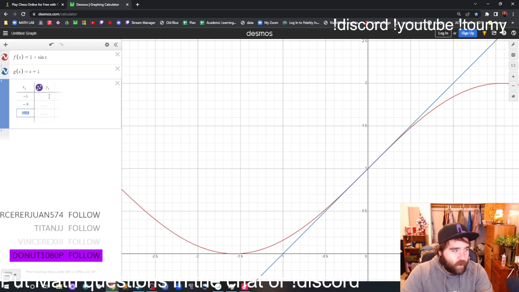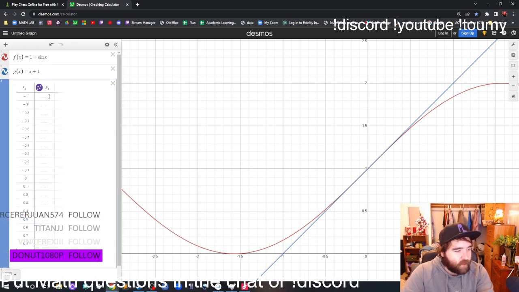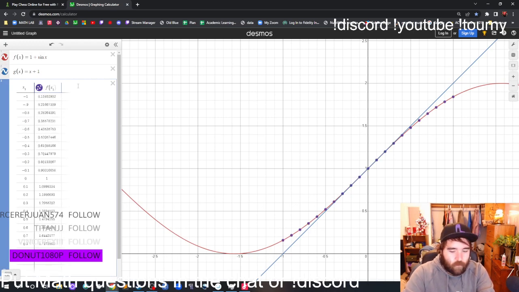Good Desmos. Yes, that's what we wanted. So then we want this one to be f of x1, and you see all of our values there. And then this one, g of x1.